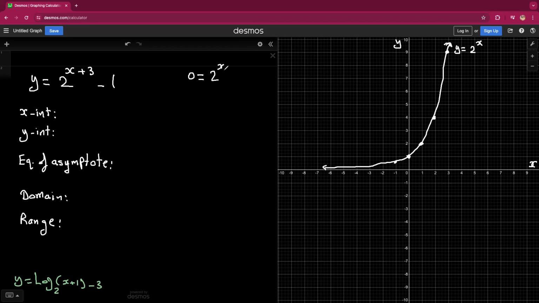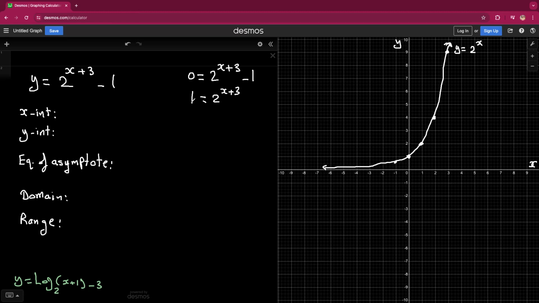0 equals 2 to the power of x plus 3 minus 1, I'm going to move the negative 1 to this side. So it becomes positive 1 equals 2 to the power of x plus 3.